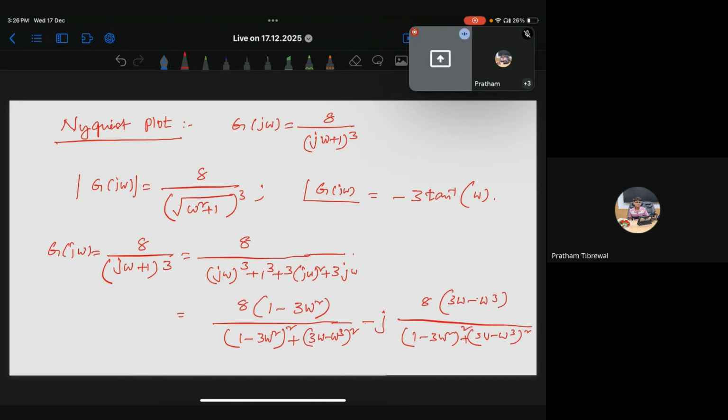Now, if you take the imaginary part to 0, this entire part goes to 0. Let me write it here.